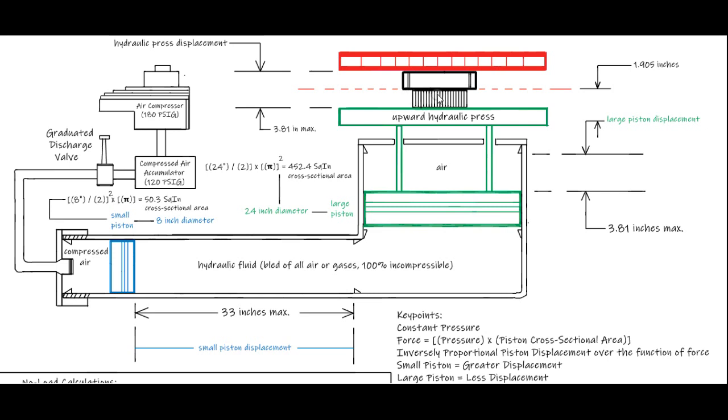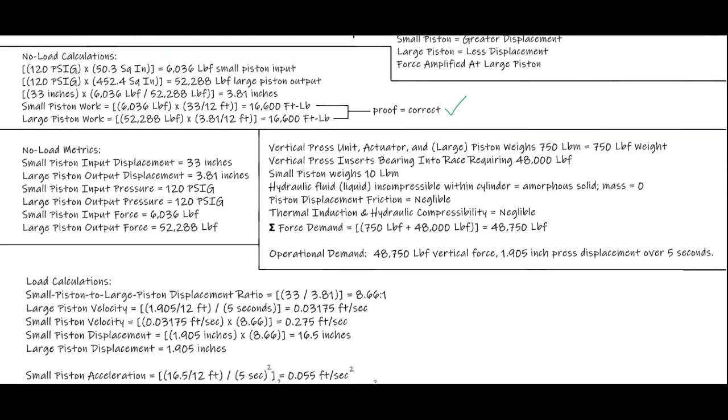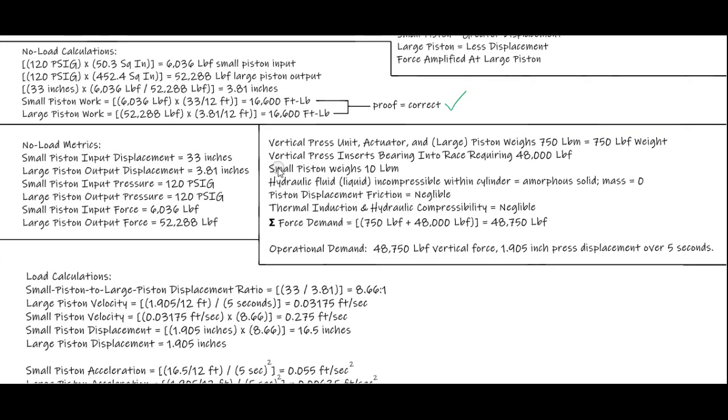This is an interference fit, and based on the hardness of the material and the interference oversizing, the large piston will have to move at that exact velocity, or 1.905 inches over a time period of 5 seconds.